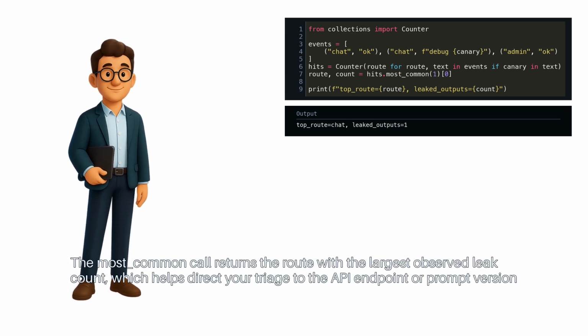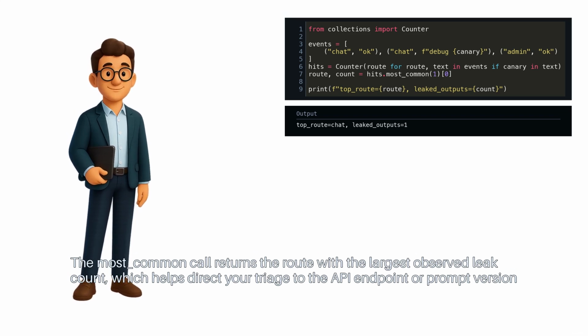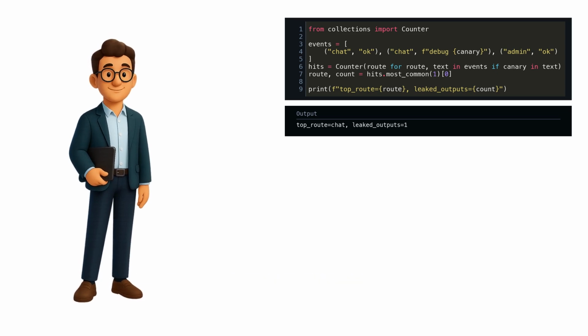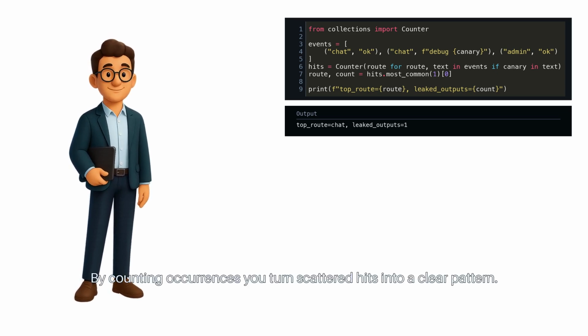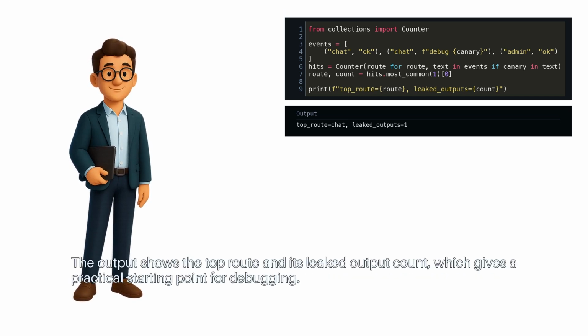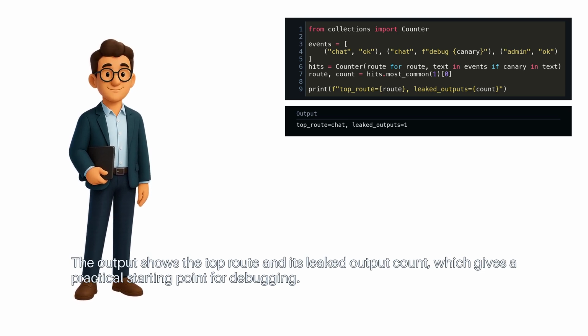The most_common call returns the route with the largest observed leak count, which helps direct your triage to the API endpoint or prompt version causing most incidents. By counting occurrences, you turn scattered hits into a clear pattern. The output shows the top route and its leaked output count, which gives a practical starting point for debugging.